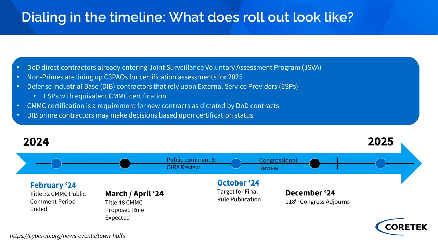The reality is, in 25, we're expecting March is the expectation. It might drift a little bit, but ultimately around Q1 or early Q2 of 25, the CMMC version 2.0 will become live. So what leads up to that?